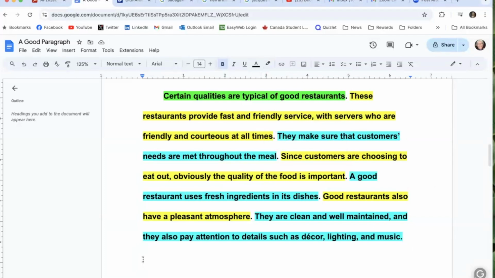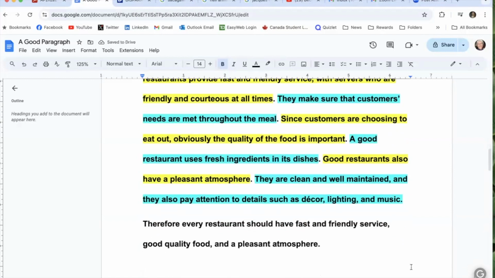Okay, so therefore, a good restaurant should have fast and friendly service, good quality food, and a pleasant atmosphere. Every restaurant should have fast and friendly service, good quality food, and a pleasant atmosphere. Good. Okay, great. Great. Okay, very good.